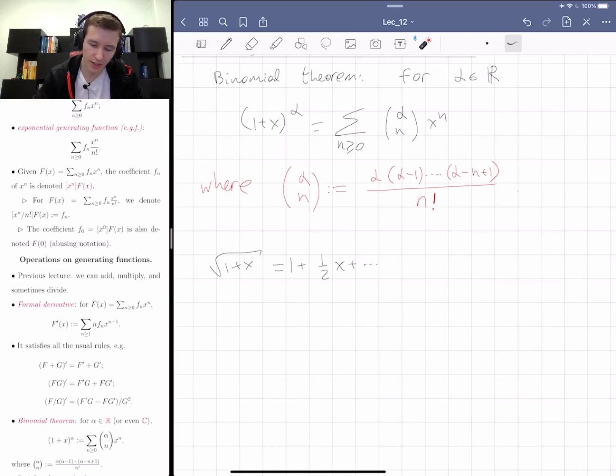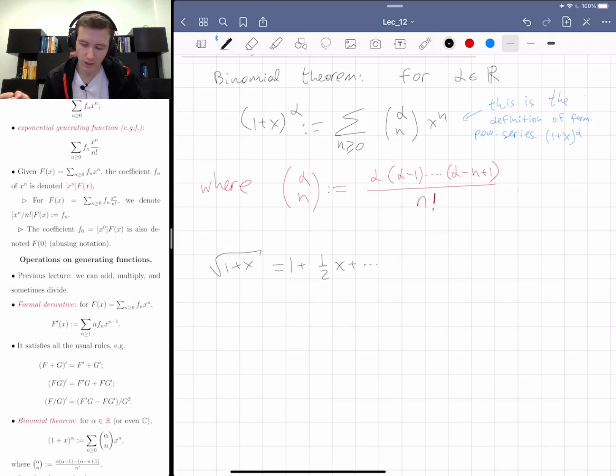Which, by the way, for us, we don't really talk about Taylor expansions and stuff, so we are inspired by them, but not more. So the point I'm trying to make is that this is the definition of the formal power series (1 plus x) to the alpha.